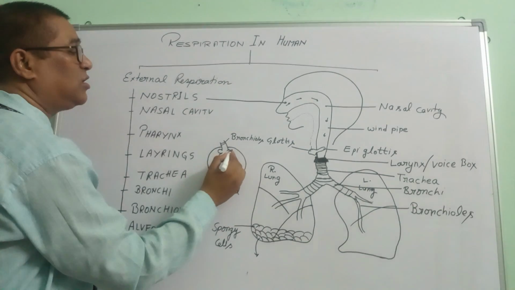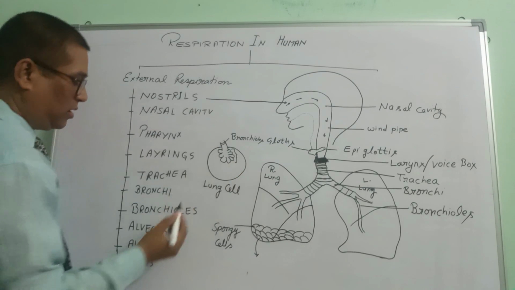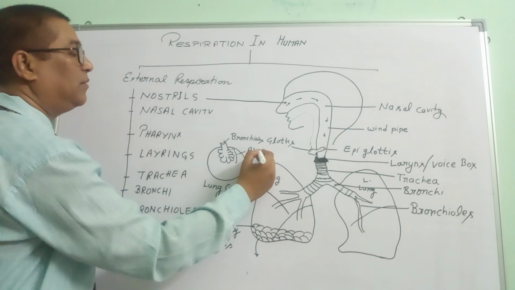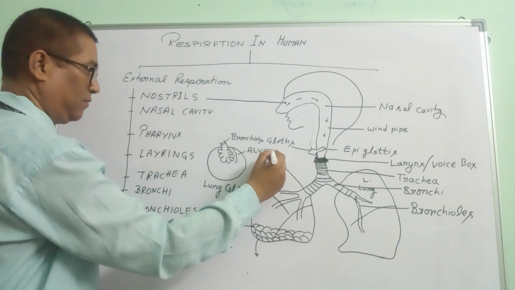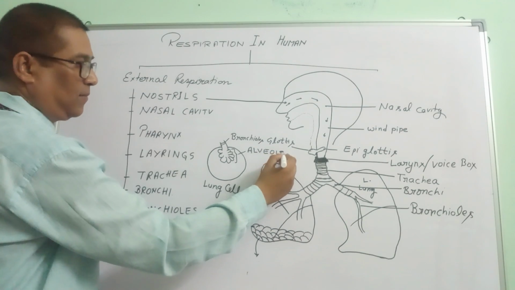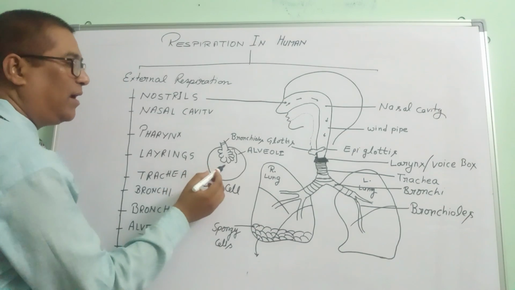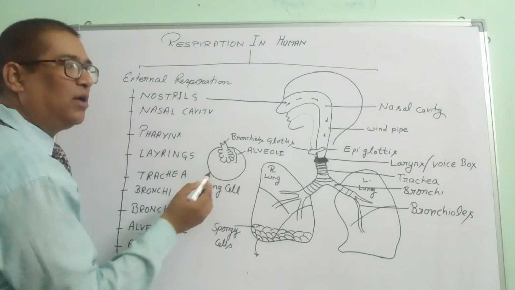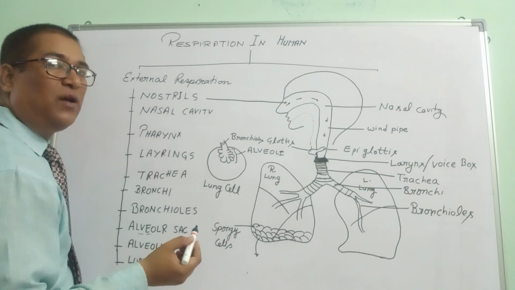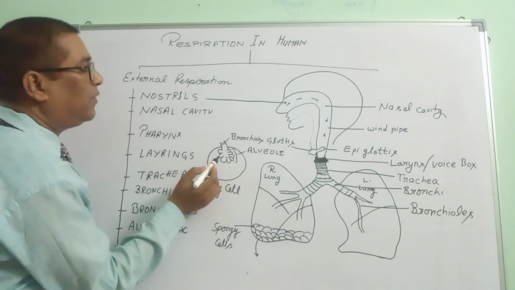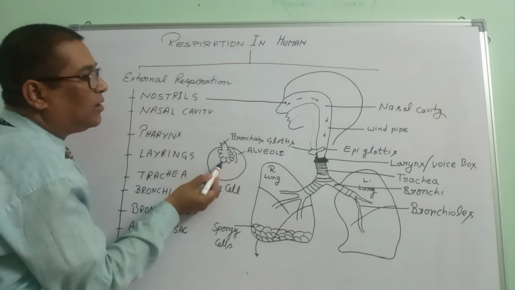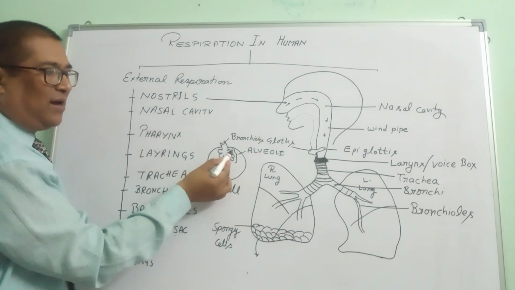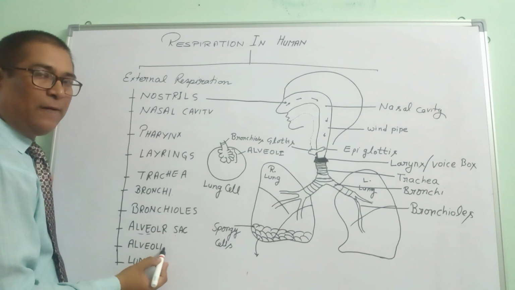These grape bunch-like structures are called alveolar sacs or alveoli, and each chamber of the alveoli is called an alveolar sac. If we make only a single unit, this unit is called an alveolar sac, and the entire part is called alveoli.